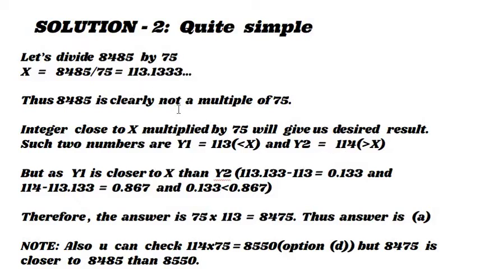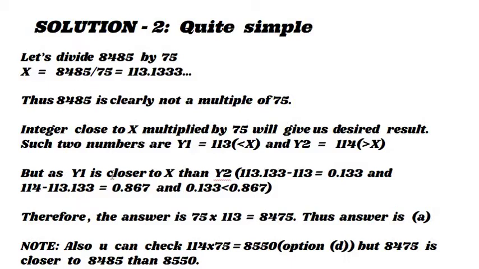Now we need to decide which one is closer to 113.133, that is the value of x. Is 113 closer to x or 114, because the closer number will give the closer multiplied result to 8485.